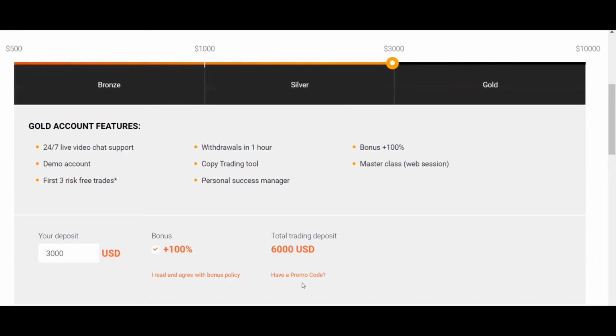And as you saw earlier, there is a 20% fee if you do decide to. And I believe if you do attempt to withdraw before your turnover, I think that's what sometimes sets off the red flags with a lot of these brokers, and they will take away the bonus amount.